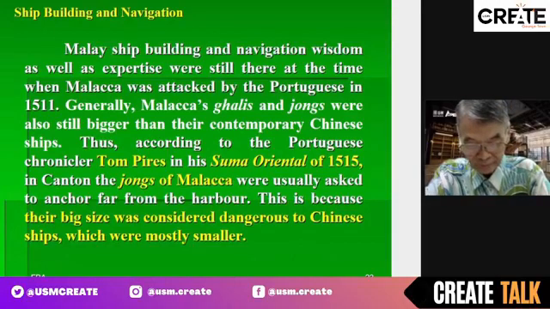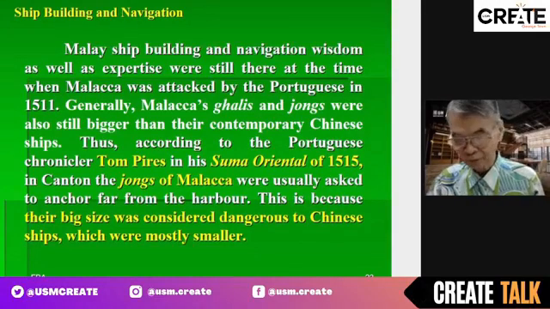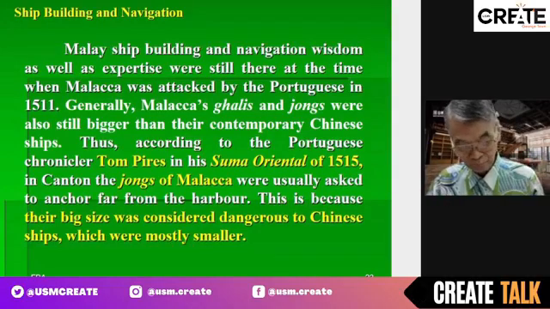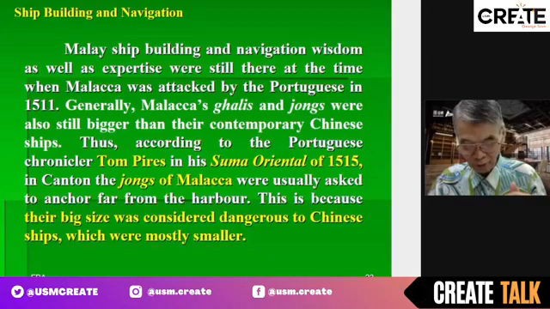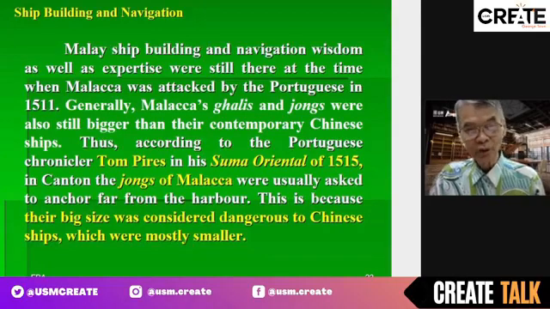Thus, according to the Portuguese chronicler Tom Pires, in his Suma Oriental of 1515, in Canton, China, the jongs of Malacca were usually asked to anchor far away from the harbor. If the captain tried to go closer to the harbor, he or she would be chased away.